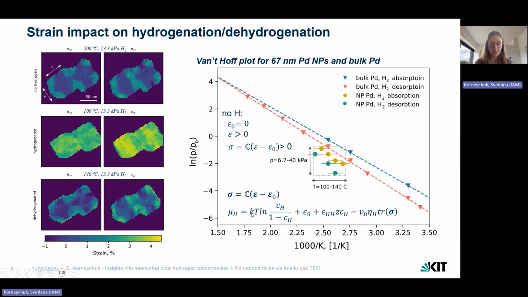Considering that the chemical potential within the nanoparticle should be the same everywhere, this leads to the fact that the concentration at the corners of the nanoparticle should be higher than in the middle of the nanoparticle at the beginning of the hydrogenation, which could explain the fact that we observe the hydrogenation at lower pressures than for the bulk. If you want to know more about strain versus hydrogen concentration relationship, you can check this article out.